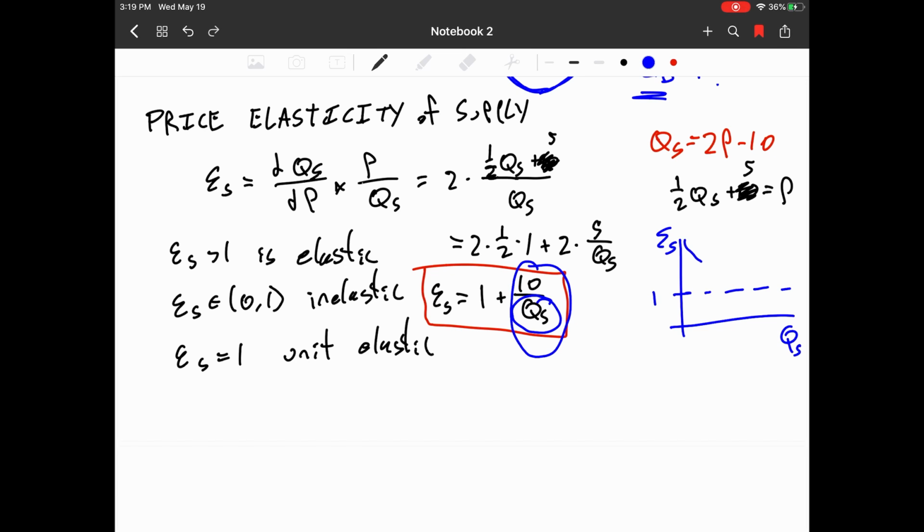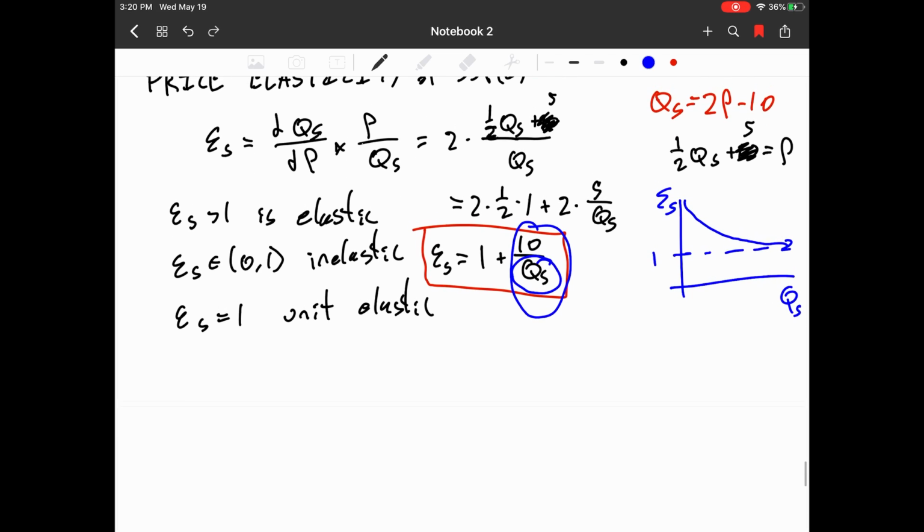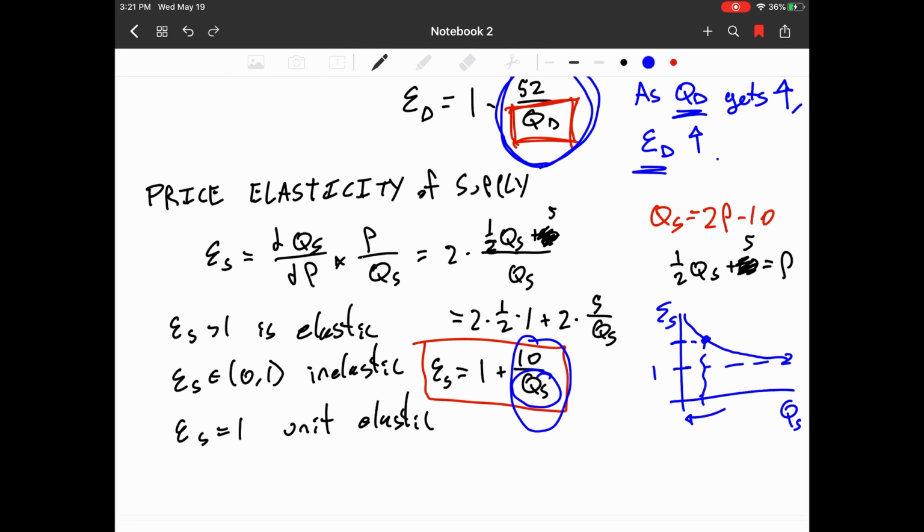We have sort of an asymptote at 1. Okay. So we're approaching unit elastic from above. Okay. And you could try to find where, so at some point, when we get closer and closer to 0, we're going out to infinity. So you can try to find the point where we cross different values if you'd like.